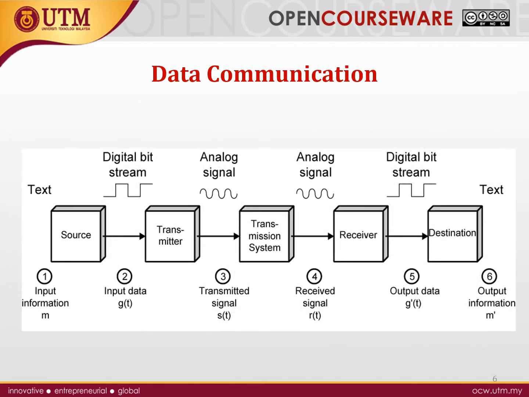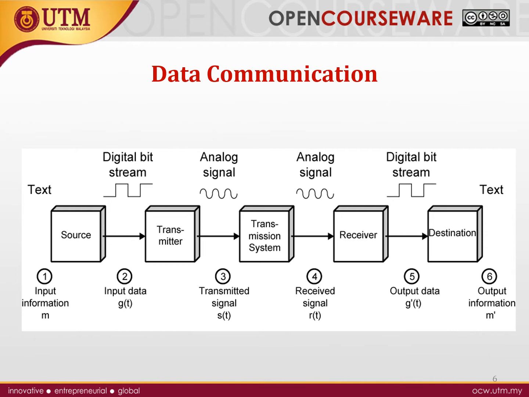And for any data communication, there are some components that we need to consider. For example, the message, which is the data to be communicated, the source of the information that is going to be sent out. And then we have the sender, which is the device that sends this data message.